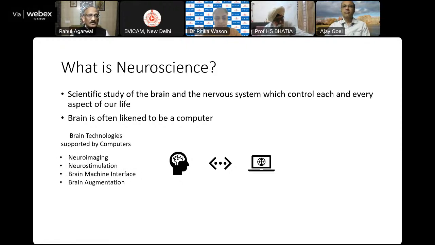There are different technologies like neuroimaging, which allows you to look at what's happening inside the brain. Then neurostimulation is a technique which allows you to stimulate certain parts of the brain to treat certain ailments.